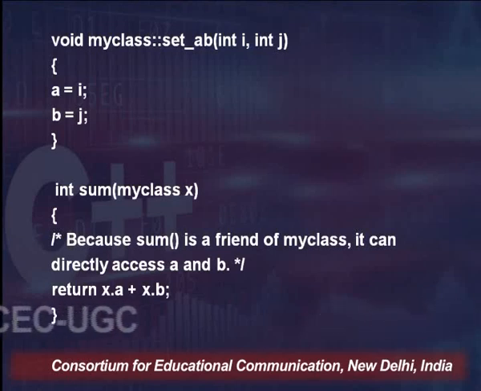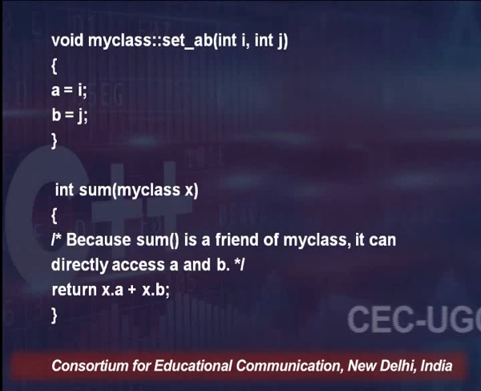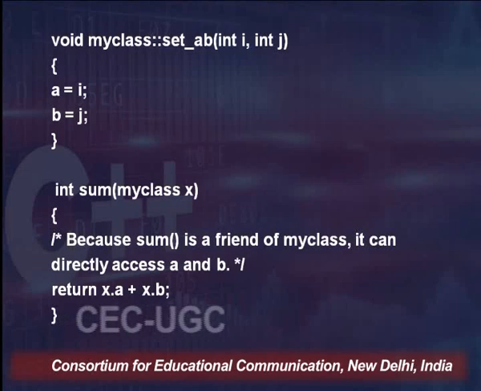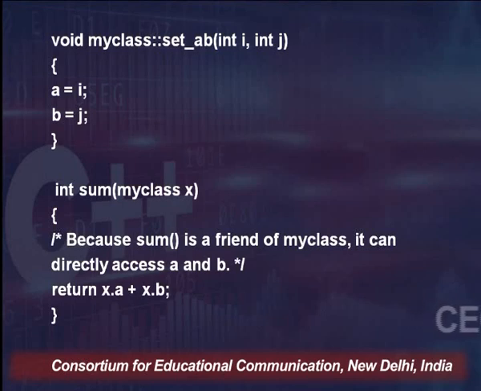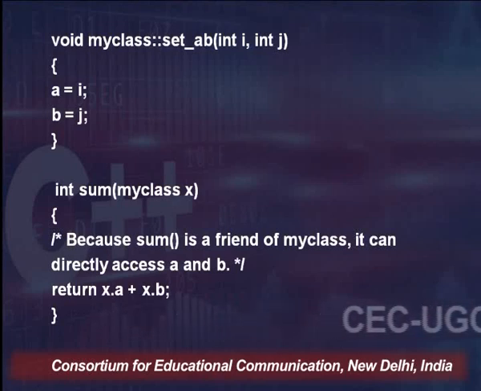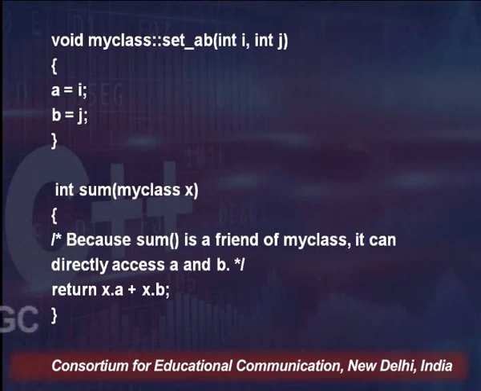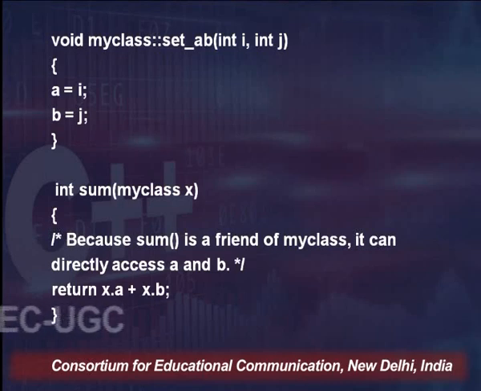Because sum is actually a friend of MyClass, it can directly access A and B, but please notice that we have not used any scope resolution operator before the signature of sum, because we use the scope resolution operator to show membership, in the sense that here the function set_AB is a member function of MyClass.